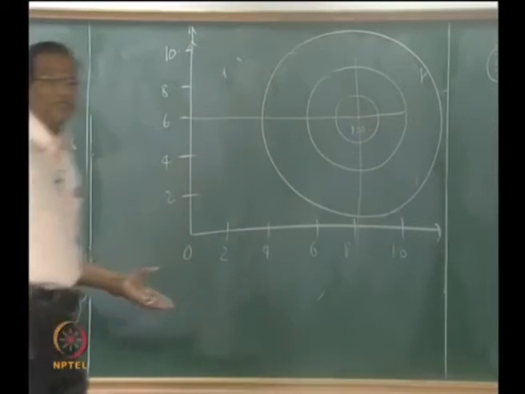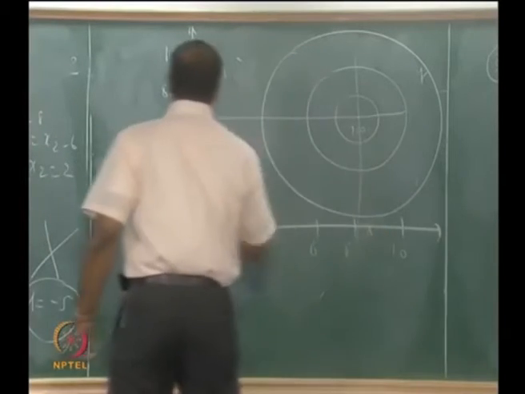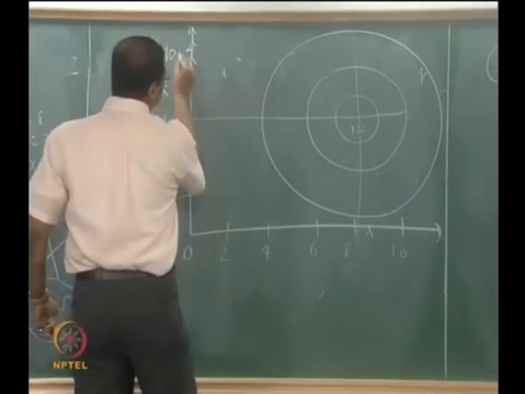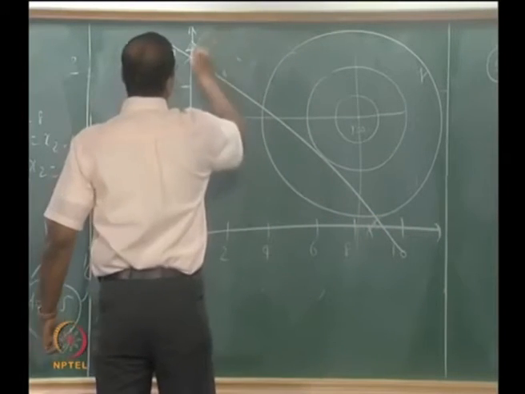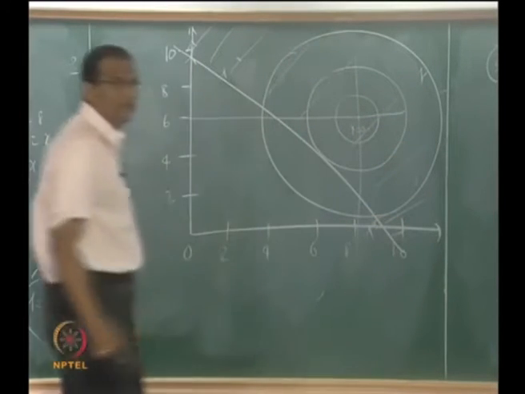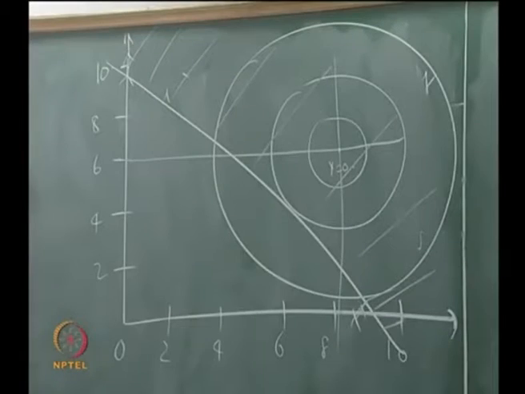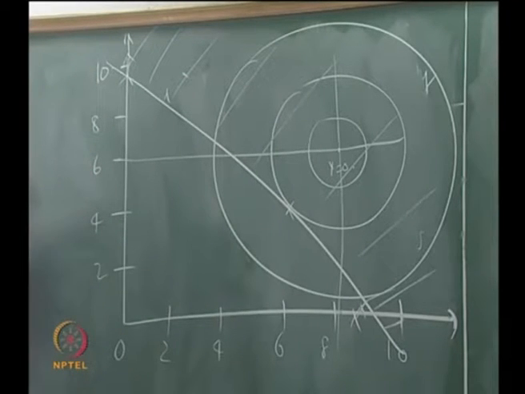Where is x1 plus x2 equal to 9? It is here, right? So you are talking about this region. When it cuts, you get some other solution. You get this solution for which y is equal to 4 or something.